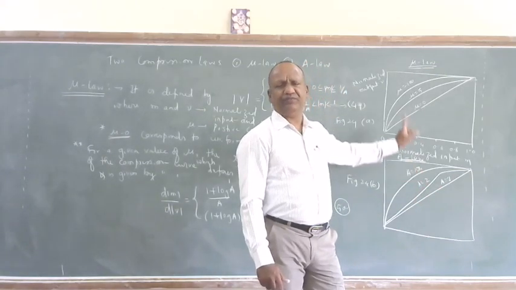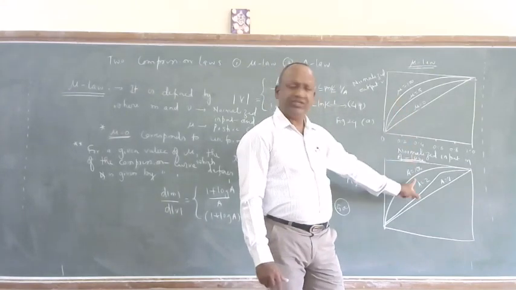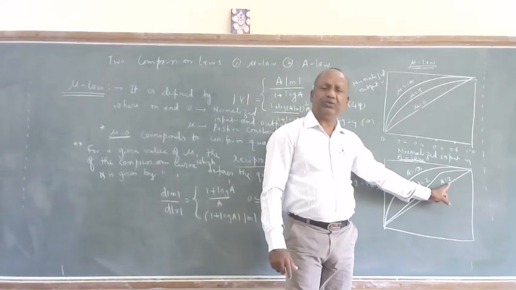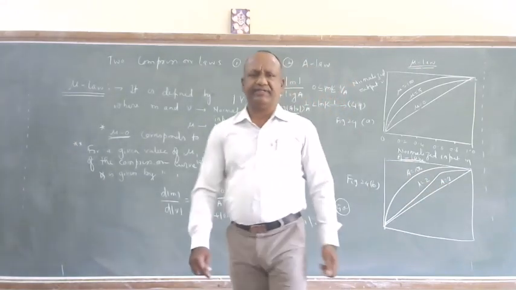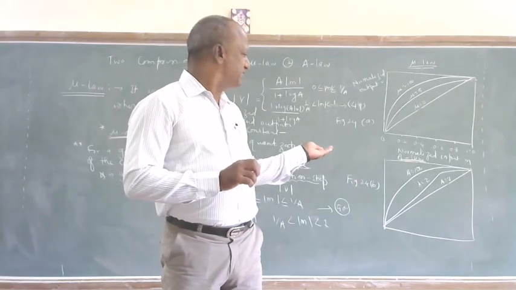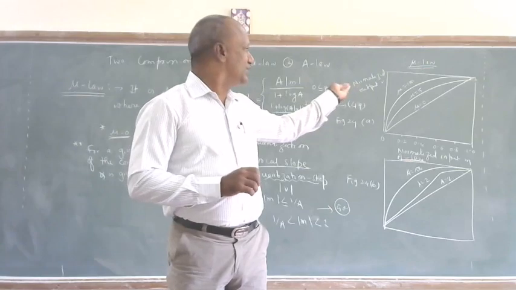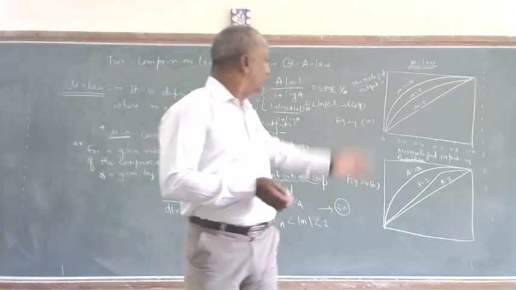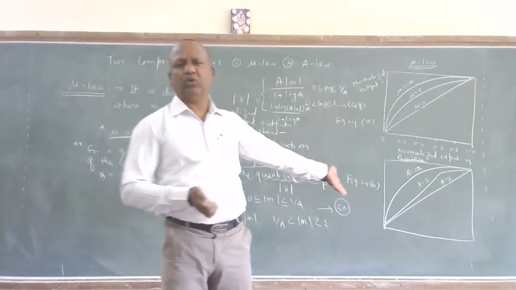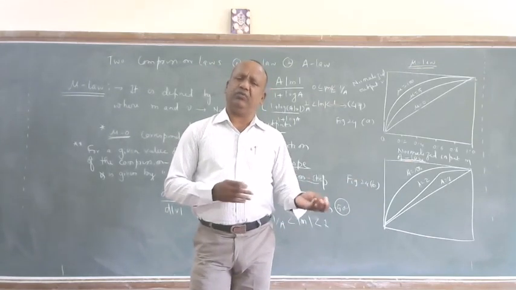The range of mu is from 0 to 100, and the range of A is from 1 to 100. That's the only difference. One is used in American standards, the other in European standards. Almost, if you see the terms, both look the same. One is better than the other in one way or another.